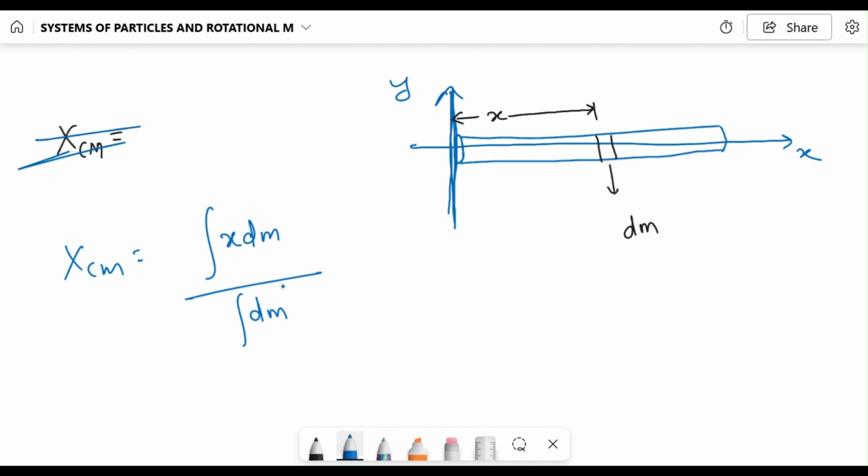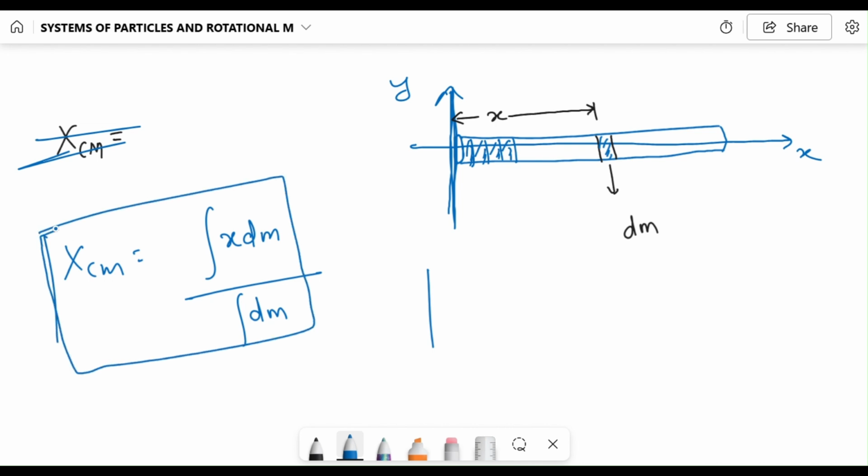This is nothing but the limit approach for the same. We have chosen elemental masses here, and for all such elemental masses we have applied this integration concept. This is not new. We have already applied such a concept, that's why I am not discussing it in detail. So in this case, we have found x cm.